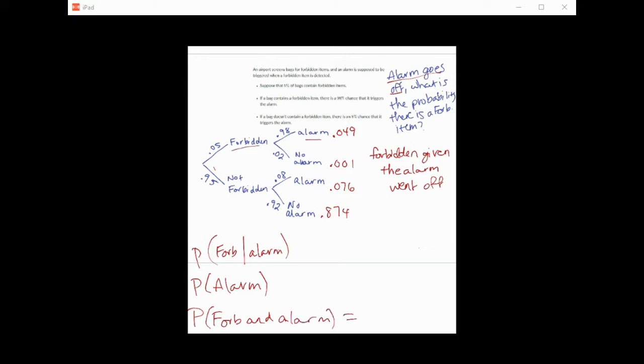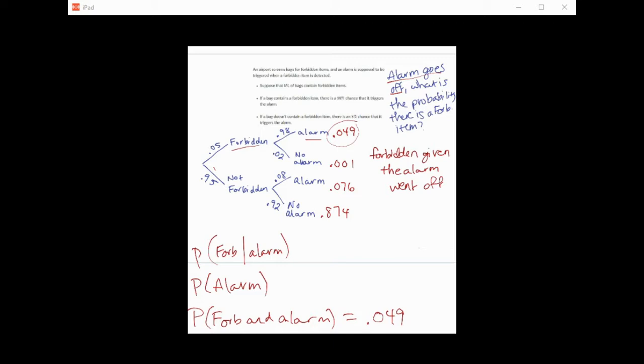So forbidden and alarm we found, 0.049. So the probability that the alarm is going to go off. Well, there are 2 situations in which the alarm would go off. Either there's a forbidden item and it goes off, or there is not a forbidden item and it goes off.